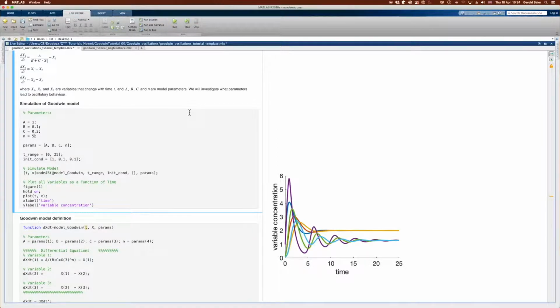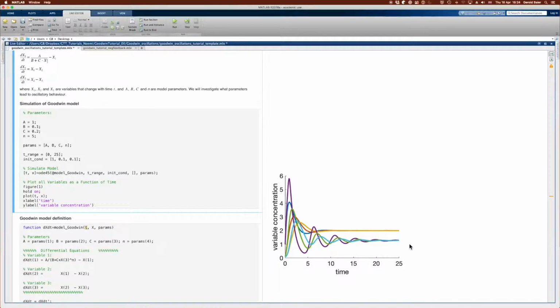I've plotted it on top of the previous figure to show that now we have much more of these oscillations here. So instead of just having a peak and then it's sort of steadily going into this steady state, you have a lot more of these peaks and troughs.